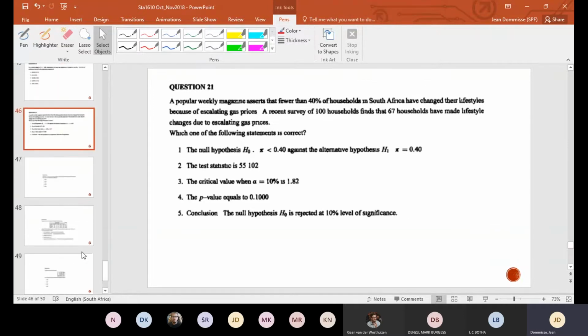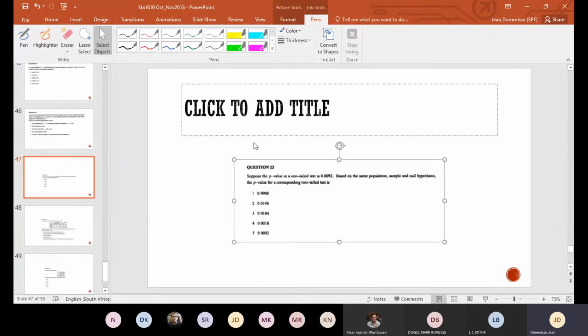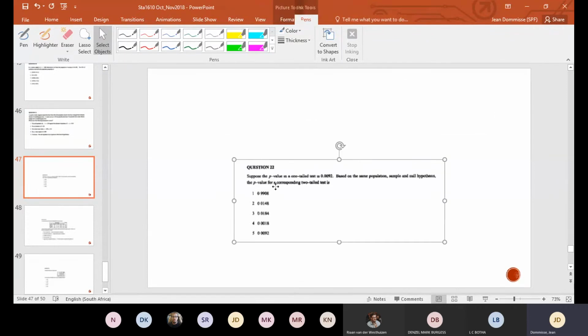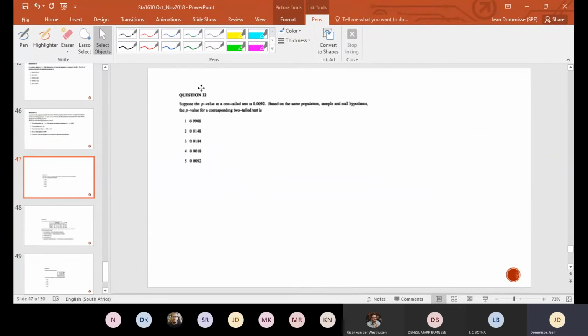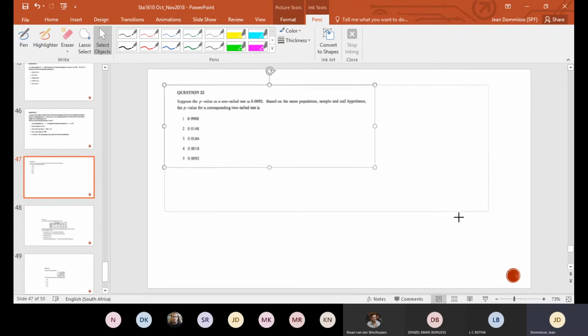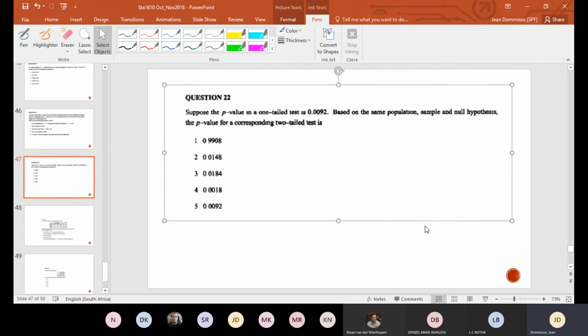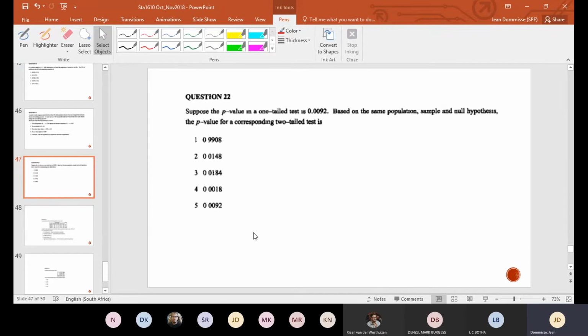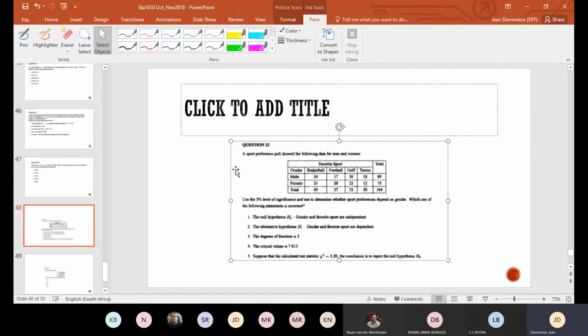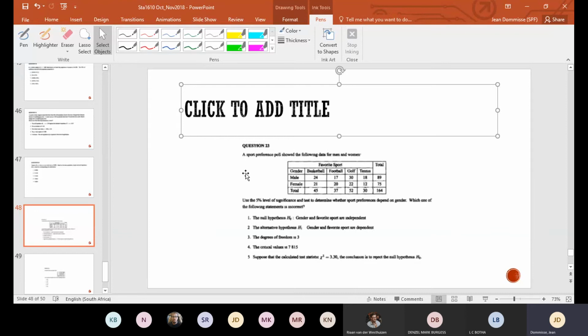A lot of repetition was in it. It was a weird year, the 2018 one, because question 22 was also in the May-June paper. So it nearly feels like if you were writing in November this year, you should just study the paper that you will get this year, this term.